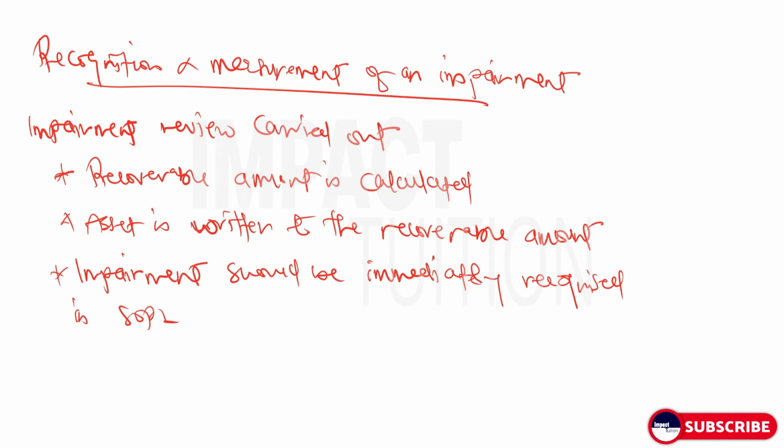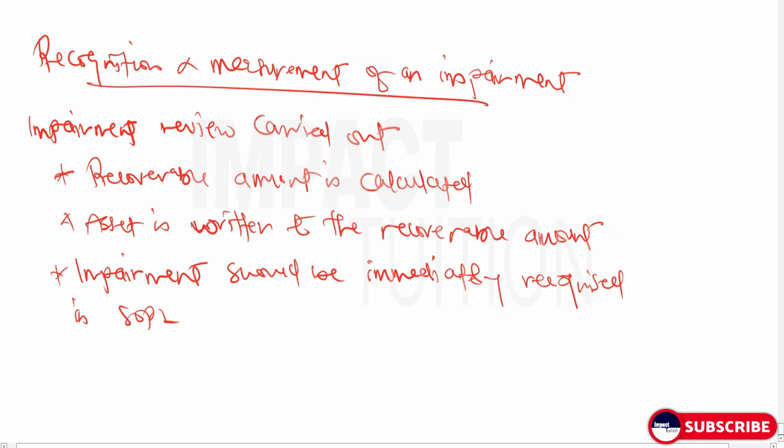So we first have to calculate the recoverable amount. Then the asset is written down to the recoverable amount, and the impairment loss is recognized immediately in the statement of profit or loss.